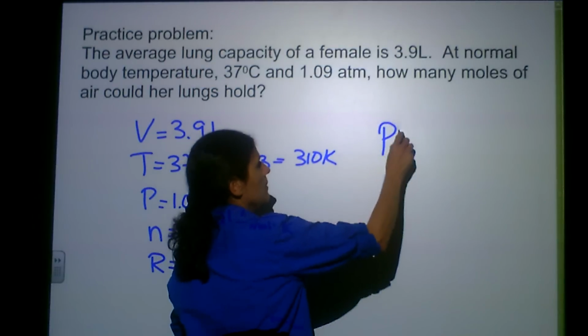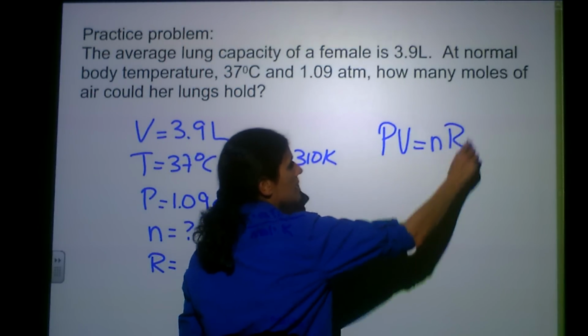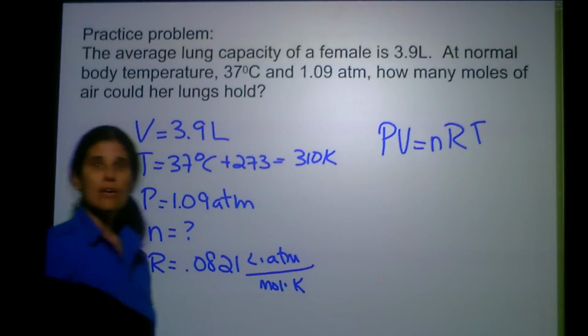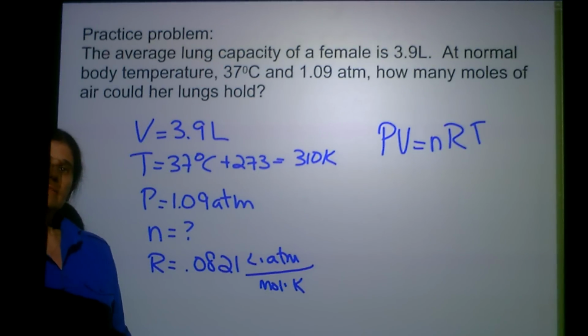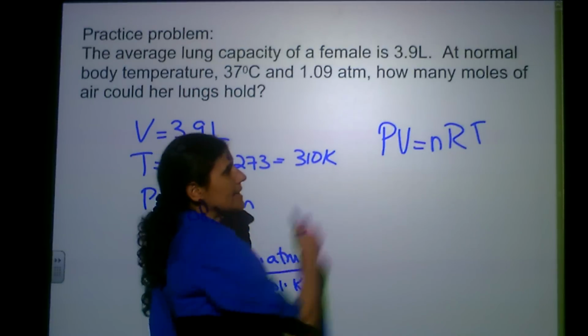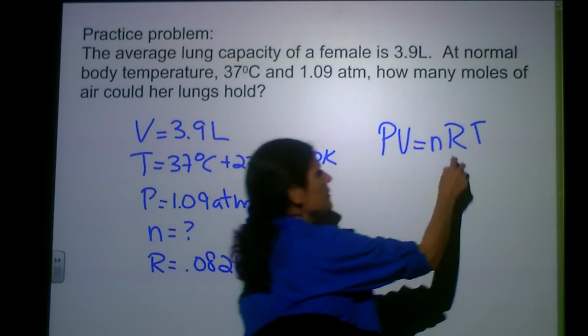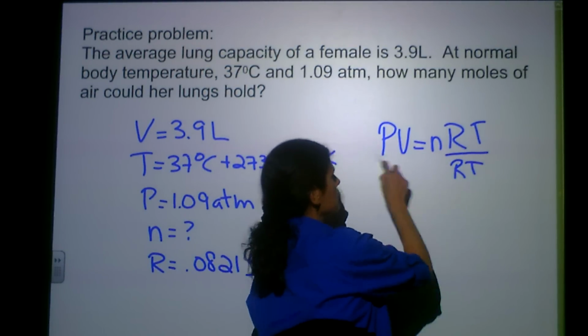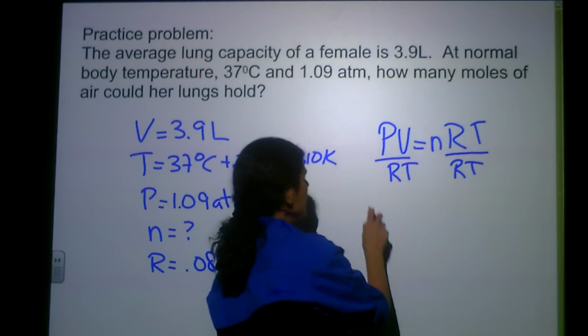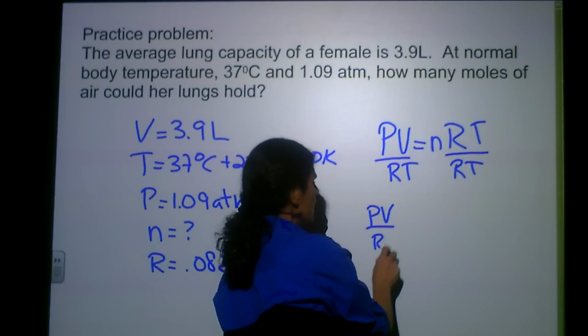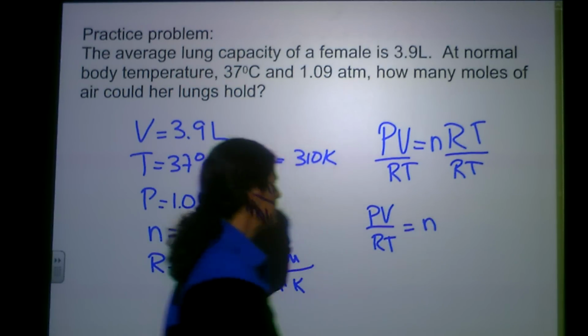So, PV equals nRT. We need to solve for n. How do you do that? Well, what's next to n? The R and the T, and they're multiplying. So to get rid of them, I have to divide. And I end up with PV over RT equals n.